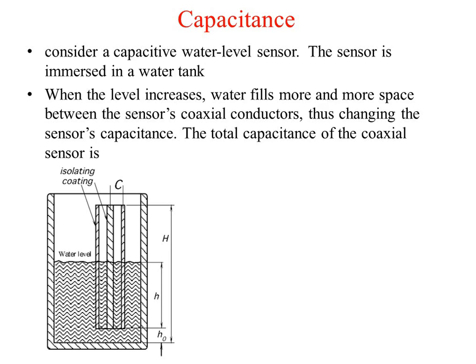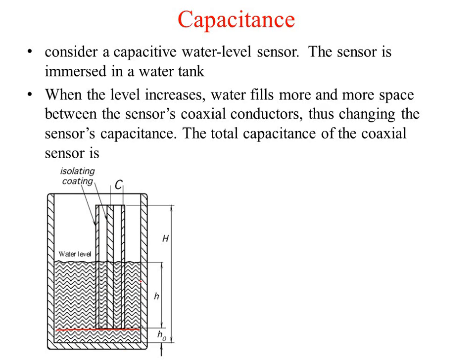Now here you can see that initially, when water is below this level, the plates are above that level, so there is no connectivity between them, and the insulating coating avoids a short circuit because of water.